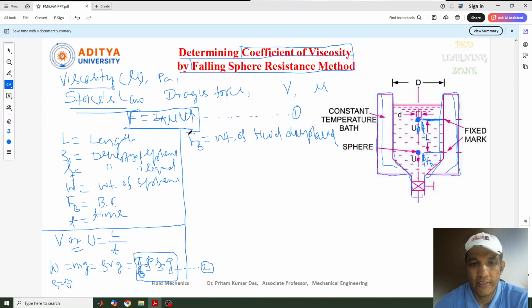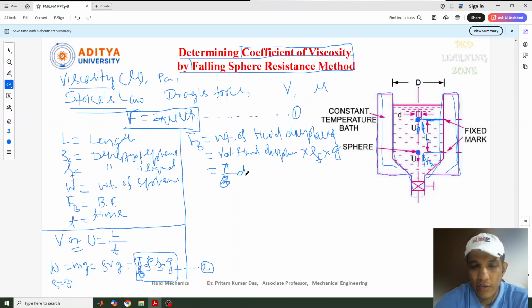So FB we can write in terms of the volume of the fluid displaced. Weight of the fluid displaced equals volume of the fluid displaced into density of the fluid into g. The volume of the fluid displaced is pi by 6 d cubed, so FB = pi by 6 d cubed times rho f into g. So this is our FB.